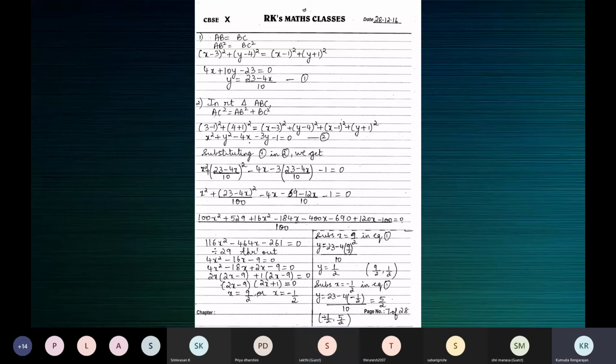So you cannot use square root. Pythagoras theorem is AC square. So AC will have square root, but AC square will not have the square root. For finding that AB is equal to BC, you should square on both the sides. If you have the square root, then you say squaring on both the sides and remove the square root.